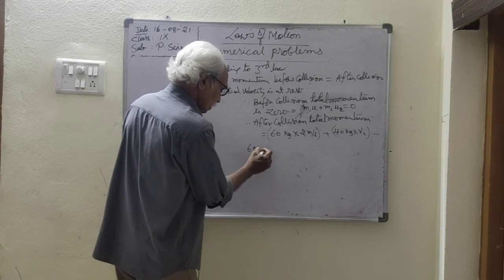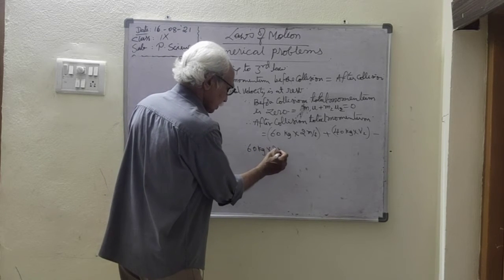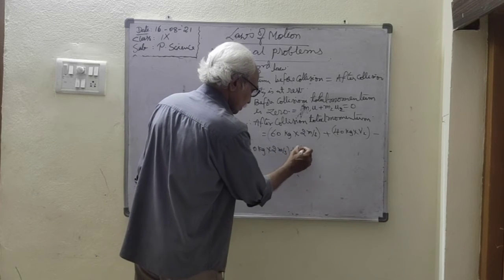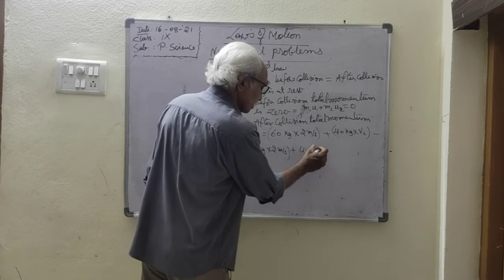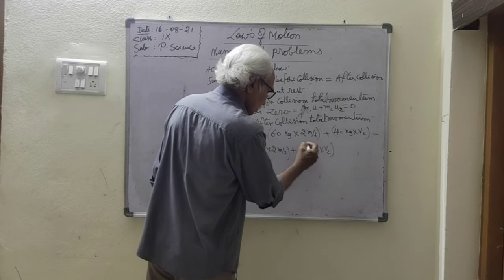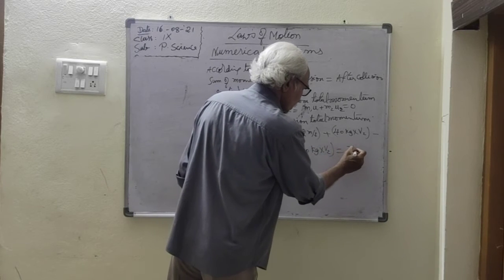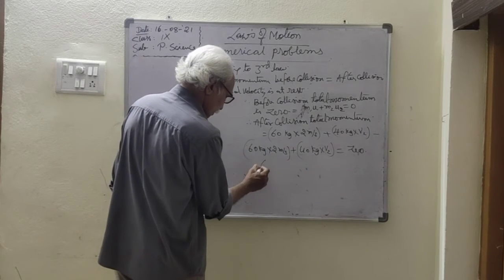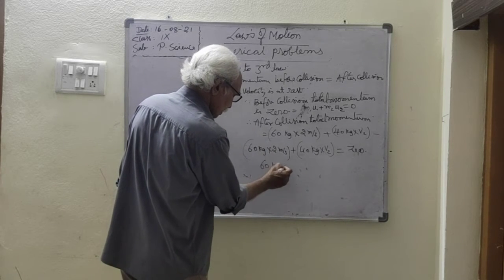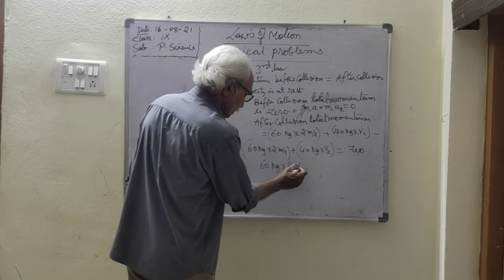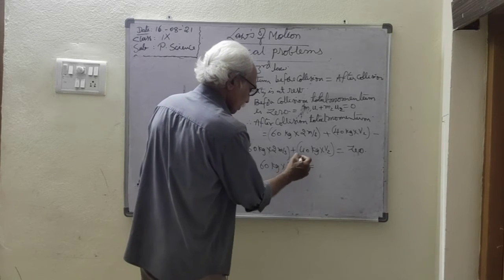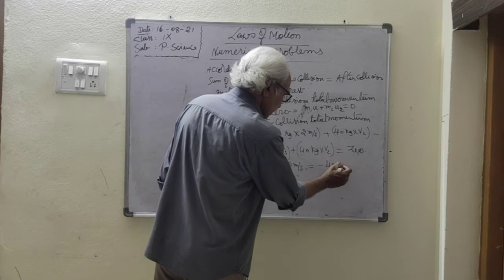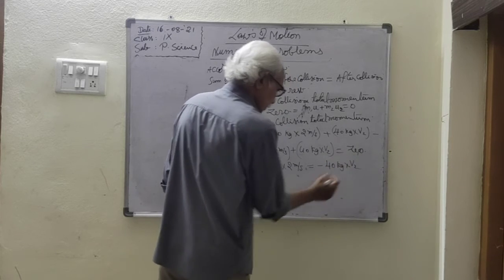So therefore we can write 60 kg into 2 meters per second plus 40 kg v2 is equal to 0. So 60 kg into 2 meters per second is equal to minus 40 kg into v2.